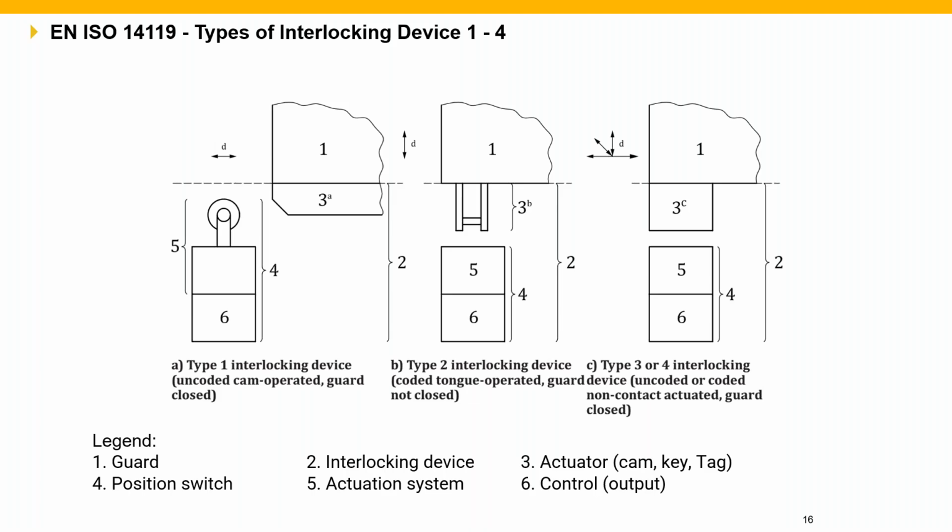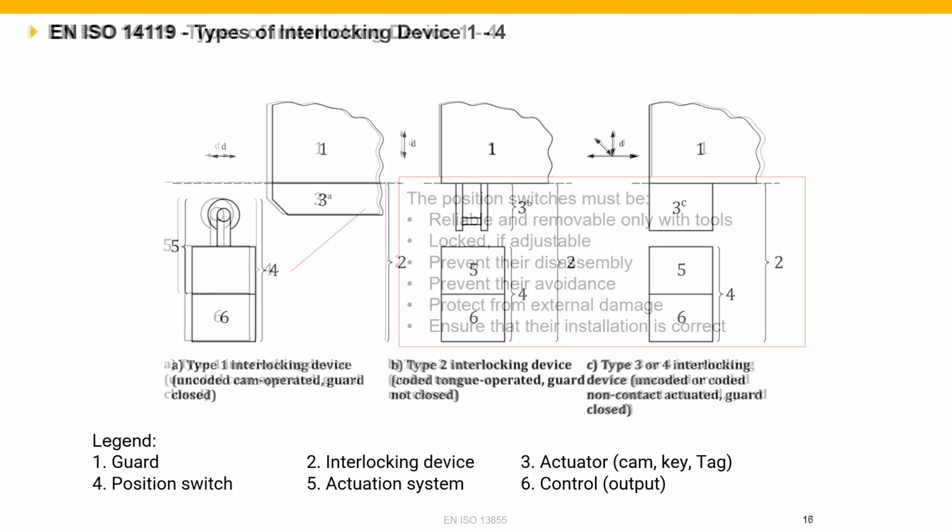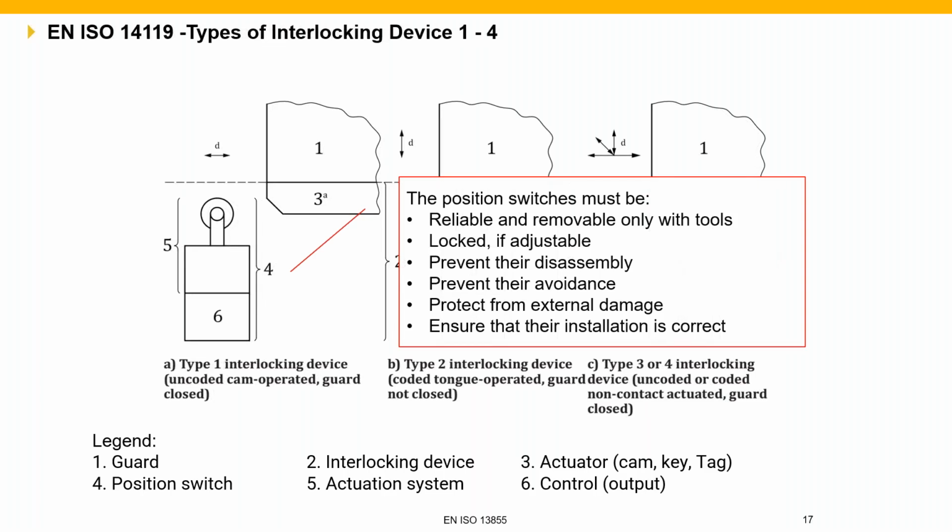But for all of these, we need to ensure that the switches and the position that they're in are reliable and removable only with tools. So we need properly fixed down and fitted switches. They need to be locked into position if they are an adjustable switch. We need to be in a position where we can prevent their disassembly and their avoidance, so they're out of reach or hidden away.